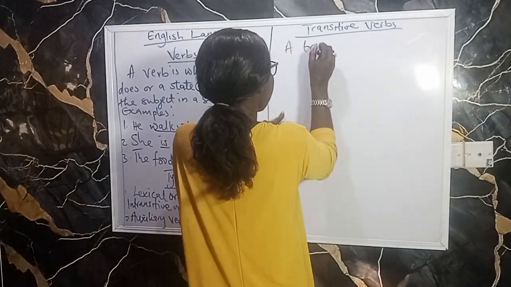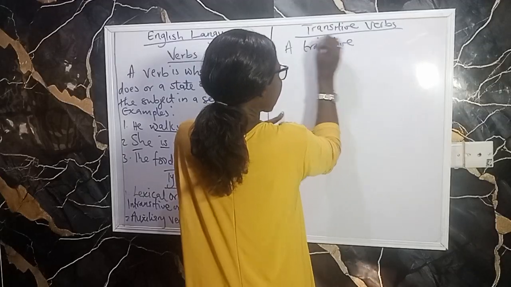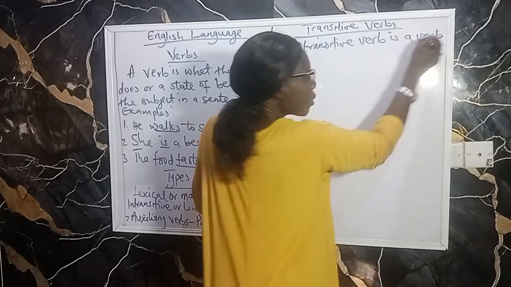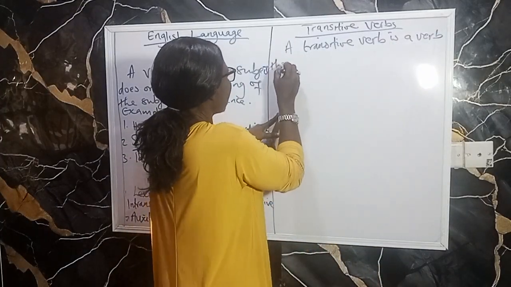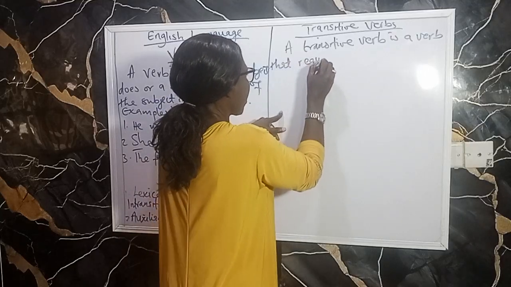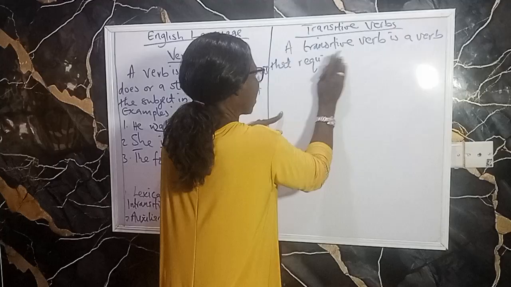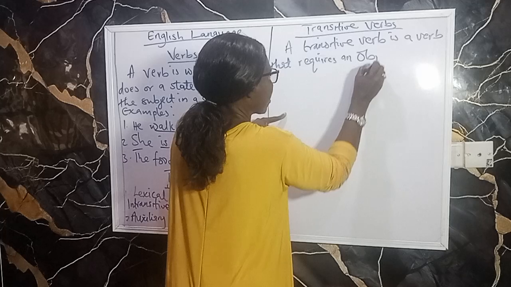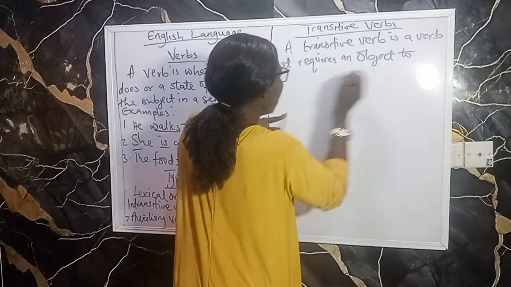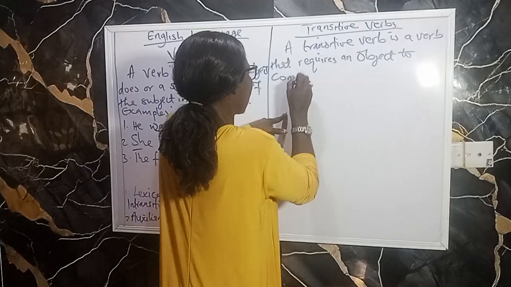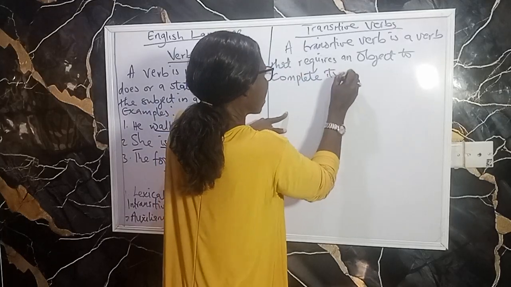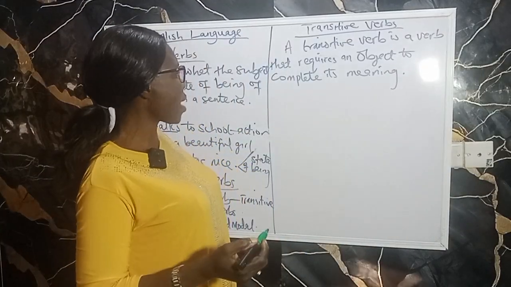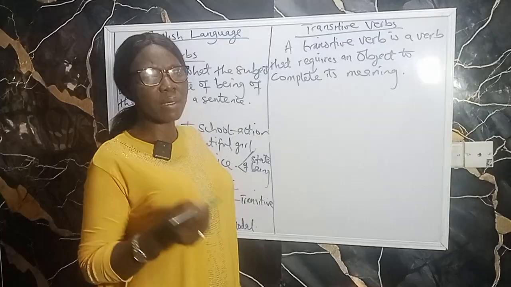A transitive verb is a verb that requires an object to complete its meaning.